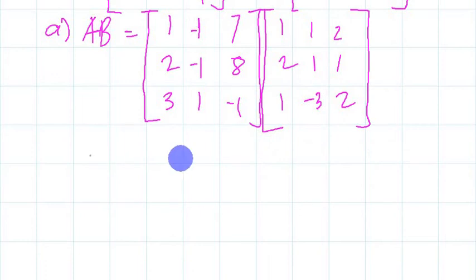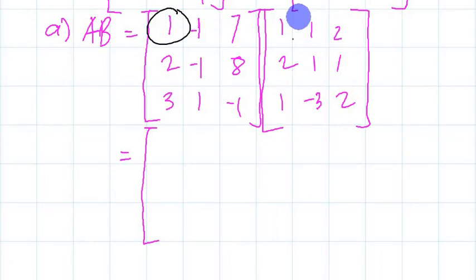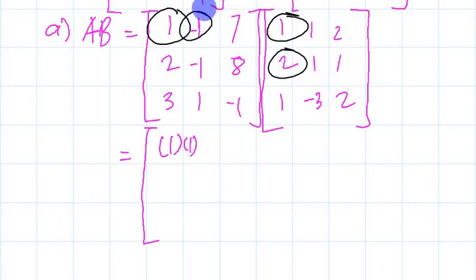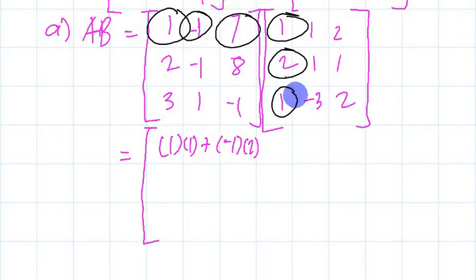So first, we would need to get the product of 1 times 1. The negative 1 times 2, we need to add that. And then we would be getting plus 7 times 1.